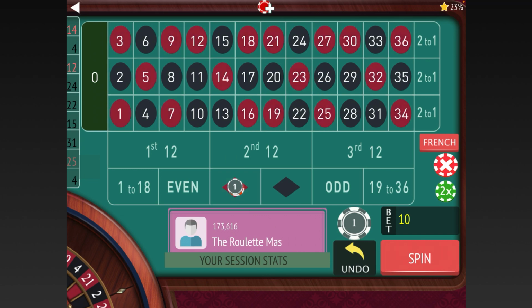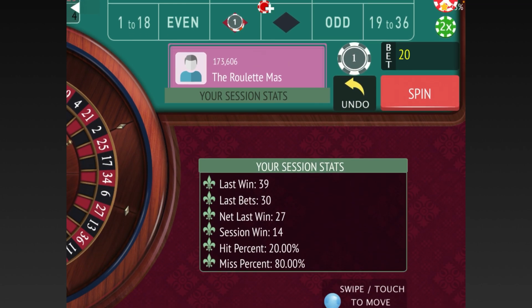And on these other ones, we went up 2, so we had 3 on each. So now we would have 2 on each one of those. I think I got that right. So back 1 unit. And now we have a $20 total bet.